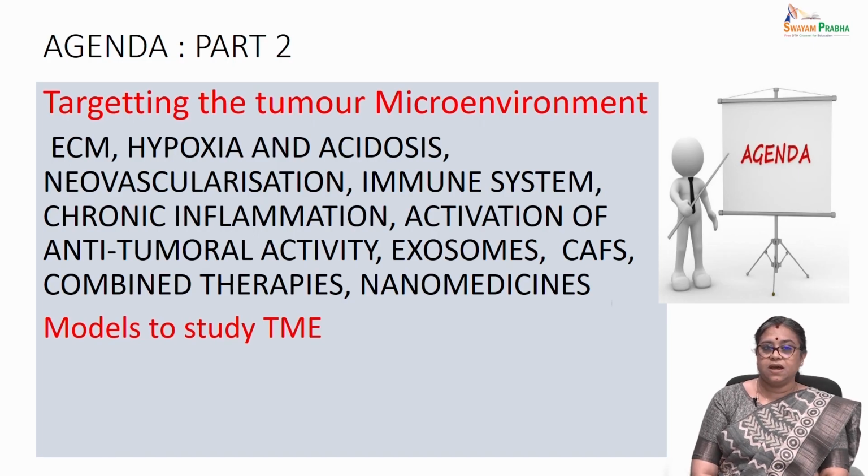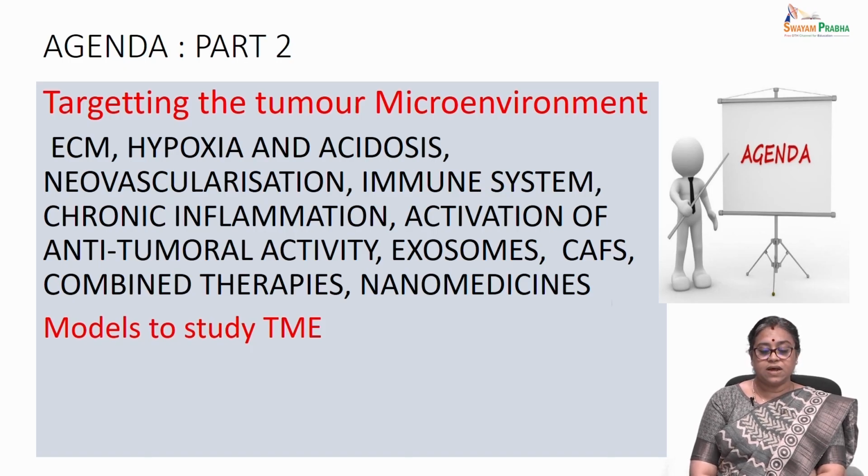So today we will see how to target the ECM, the extracellular matrix, hypoxia and acidosis, neovascularization, immune system, chronic inflammation, activation of anti-tumoral activity, exosomes, cancer-associated fibroblasts, combined therapies which are acting very effectively in targeting the tumor microenvironment, and nanomedicines. Along with this, we will also look at certain models to study the tumor microenvironment.